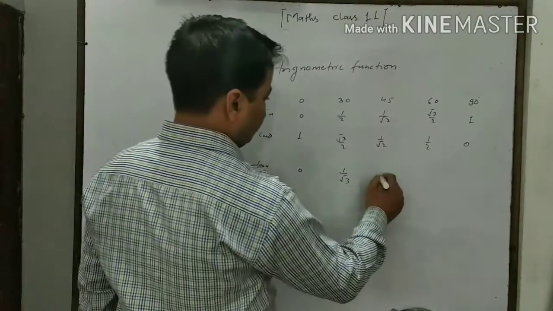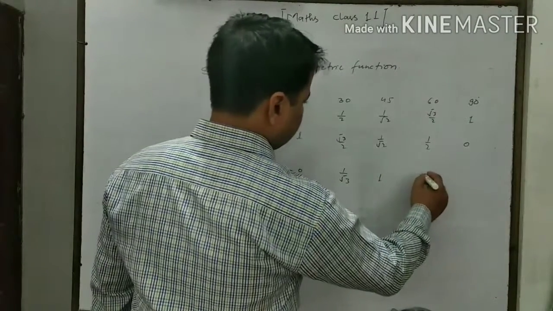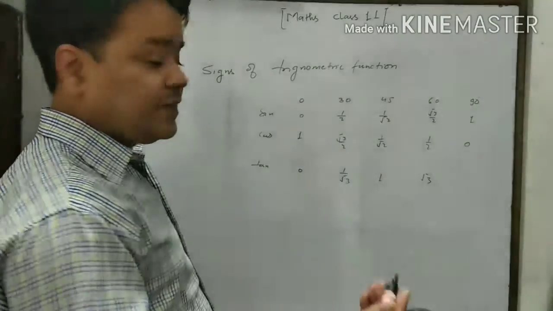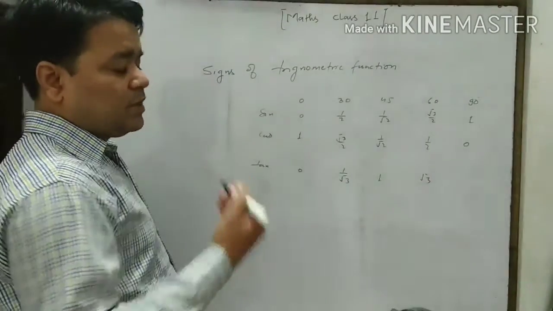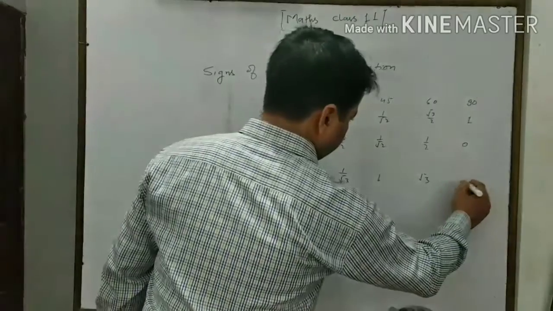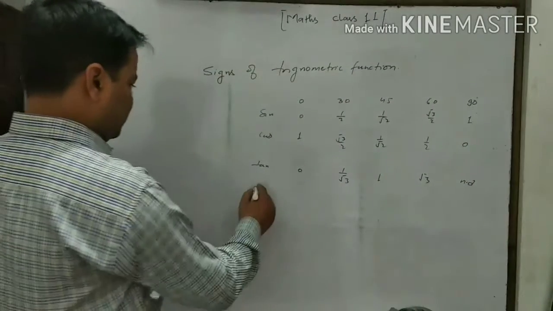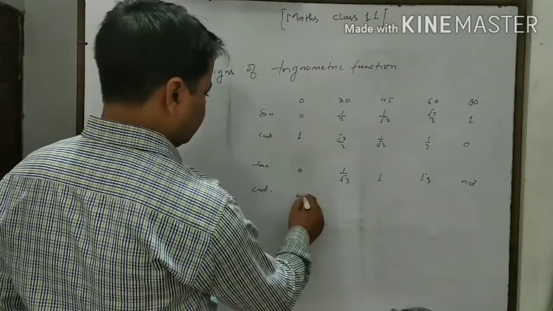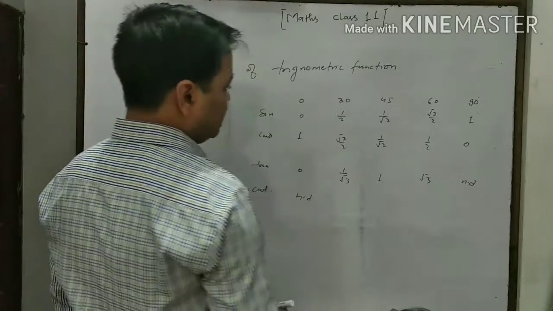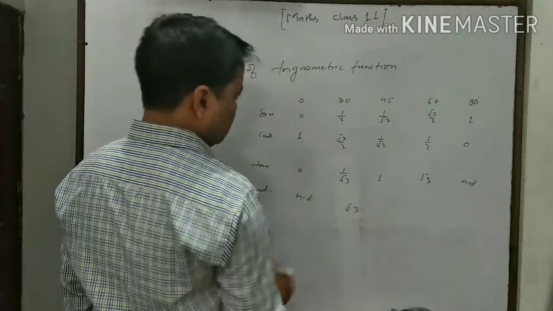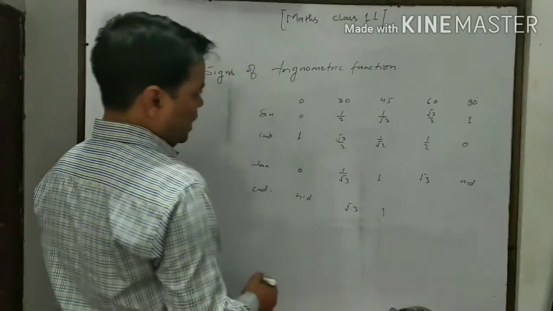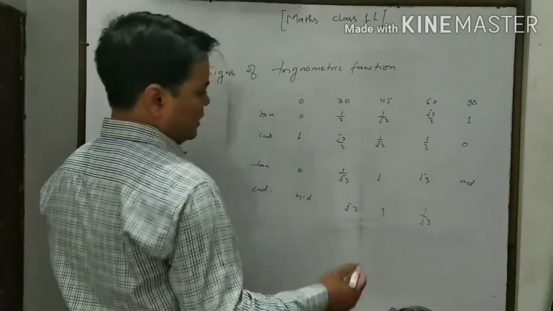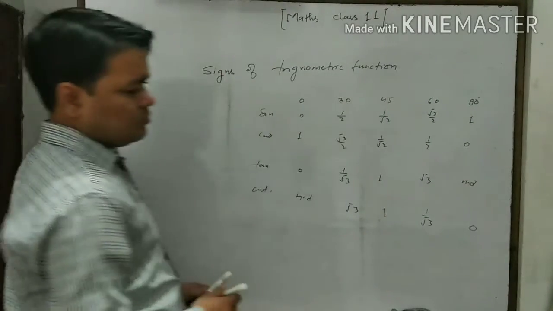Similarly tan 45 is 1, tan 60 is root 3, and tan 90 is sine 90 upon cos 90, means 1 by 0, not defined. Similarly here cot theta: cot 0 is not defined, cot 30 is root 3, cot 45 is 1, cot 60 is 1 by root 3, and cot 90 will be 0.